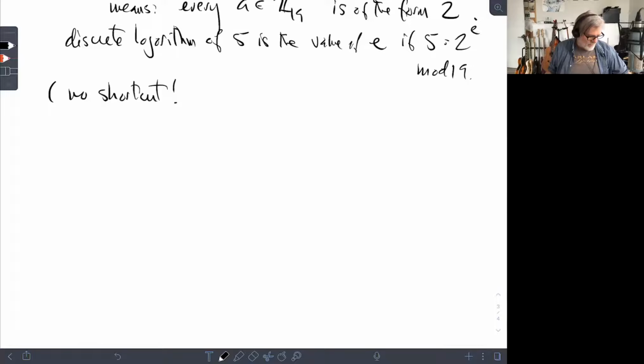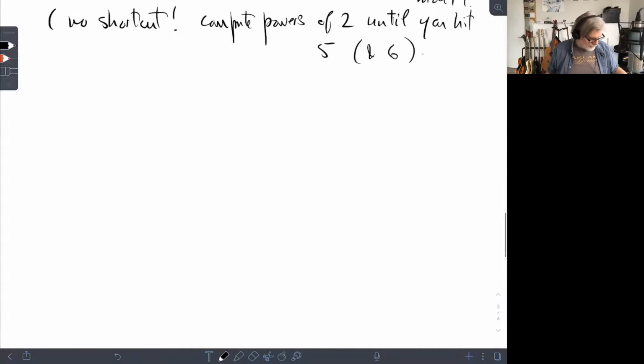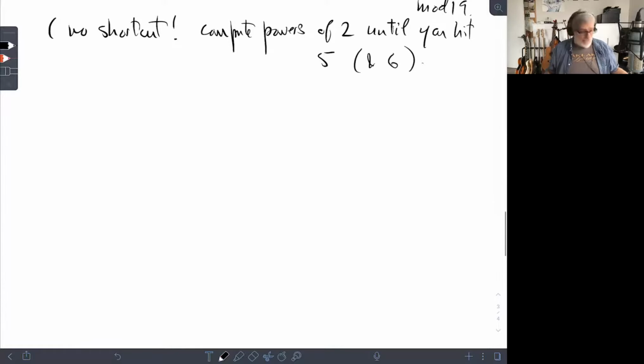So compute powers of 2 until you hit 5 and 6. Right, we're asked for 5 and 6. Okay, so let's do that.